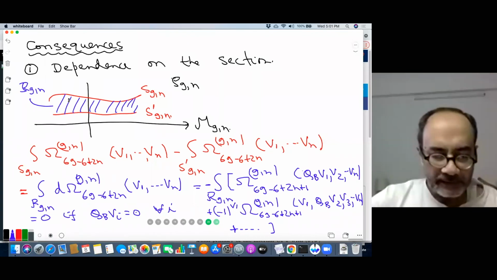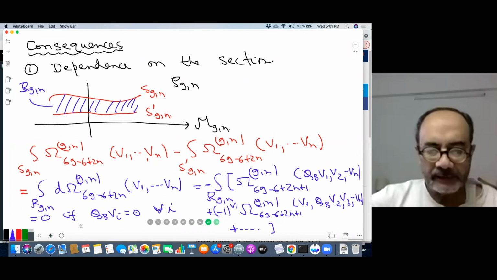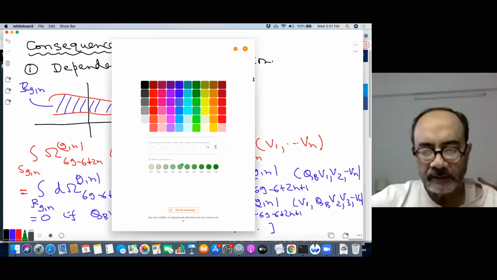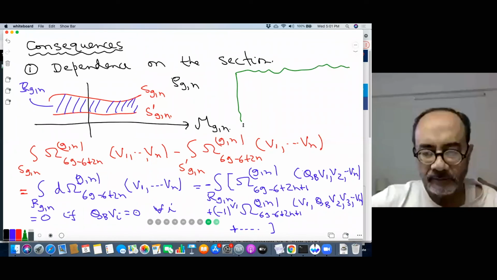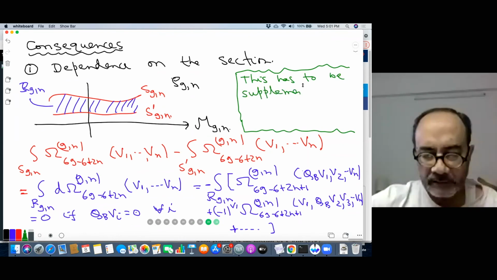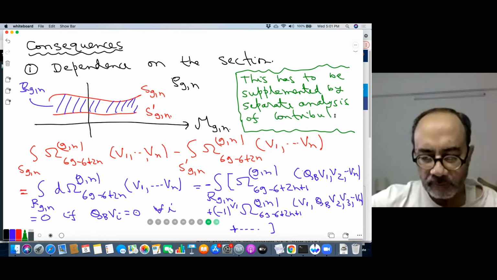So this argument has to be supplemented by a separate analysis of the contribution from the boundary of MGN.